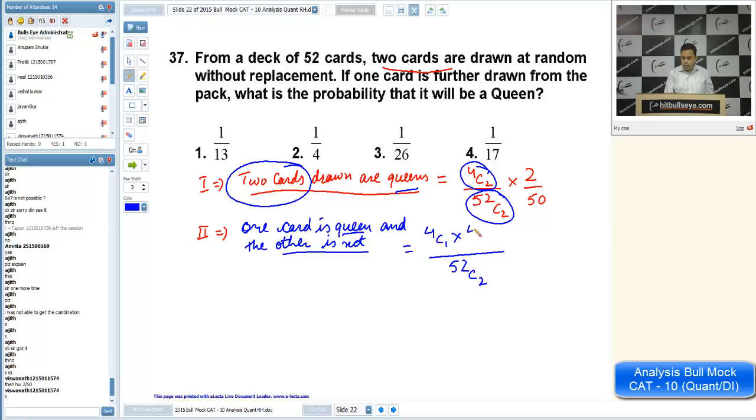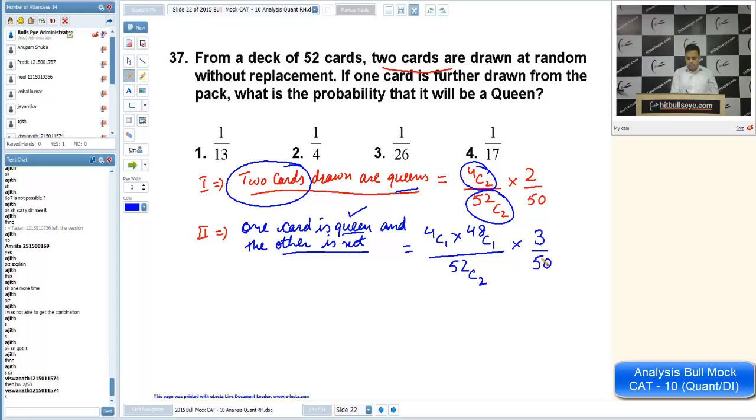So the cases will be 48C1, out of these 48 cards, you have to take only 1 card which is of any other value but not of queen. And now we are left with 3 cards which are of queen. Why? Because 1 card has been selected as queen. So we are left with 3 cards of queens out of the remaining 50 cards. So 3 by 50 is the case here.